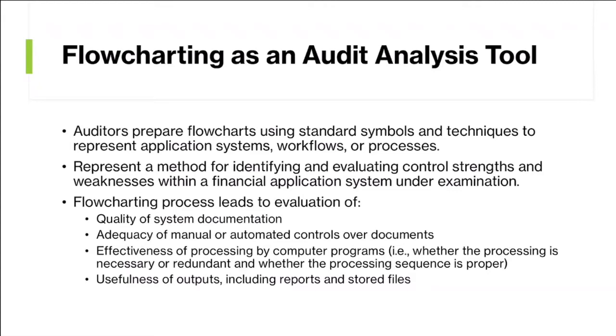And flowcharting the process leads to the evaluation of the quality of system documentation, adequacy of manual or automated controls over documents, effectiveness of processing by computer programs, whether the processing is necessary or redundant, and whether the processing sequence is proper. It will also include usefulness of outputs, including reports and stored files.